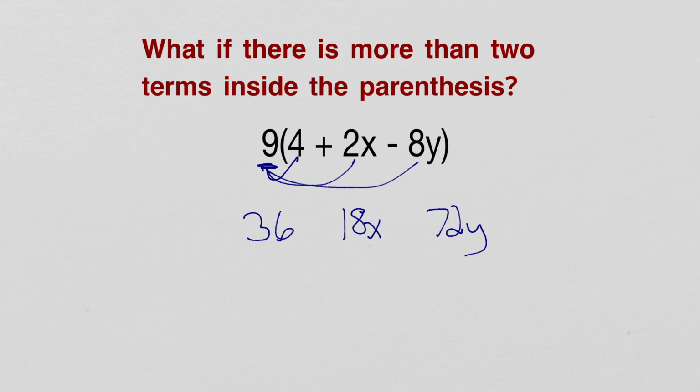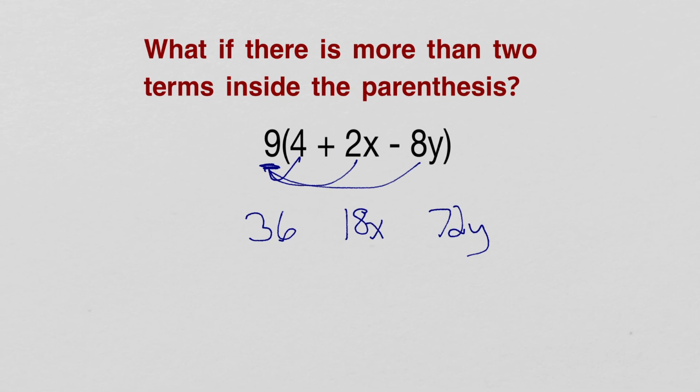And I'm going to take those addition and subtraction symbols. So addition here, I have addition between the 36 and the 18x. And subtraction here, I have subtraction between the 18x and the 72y. So I have taken this and turned it into this. And again, the only difference here is we have more than two things on the inside of those parentheses. In that situation, I just multiply each one individually.